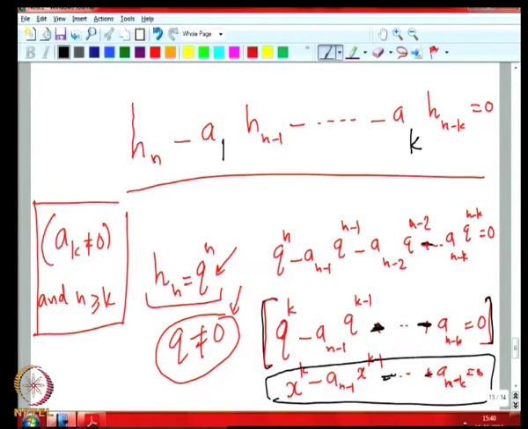So it is H1 minus A1 raised to Hn minus 1 and so on, up to Ak, because I was just trying to use the same subscript as this thing, but our notation says the first coefficient is A1 and then A2, that is the way we have written here, right. So everywhere 1, 2, okay.